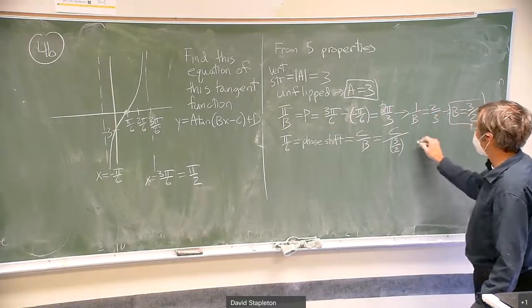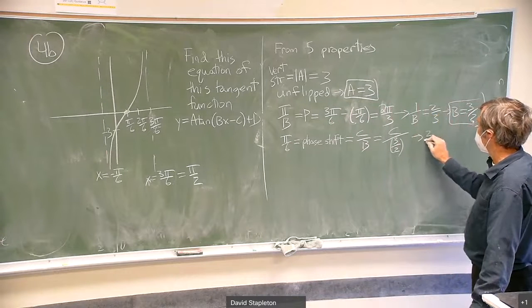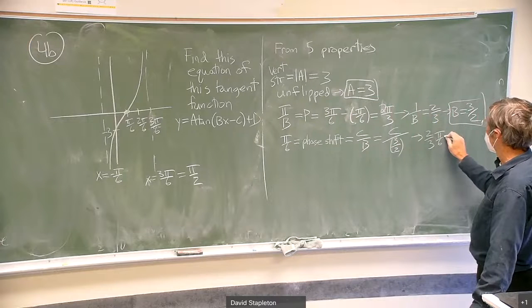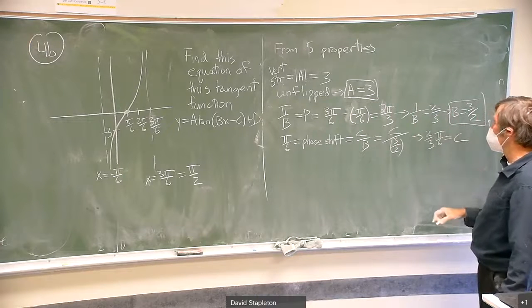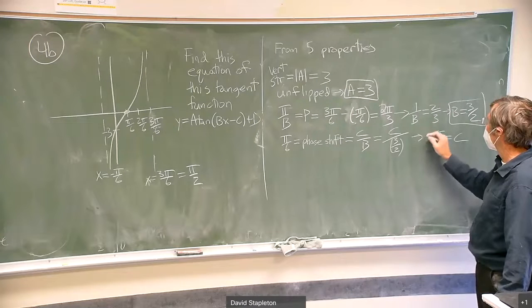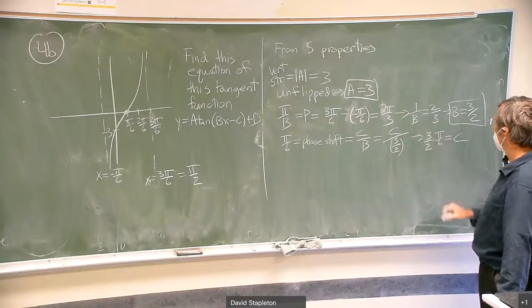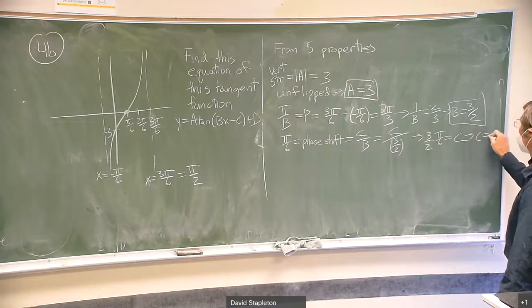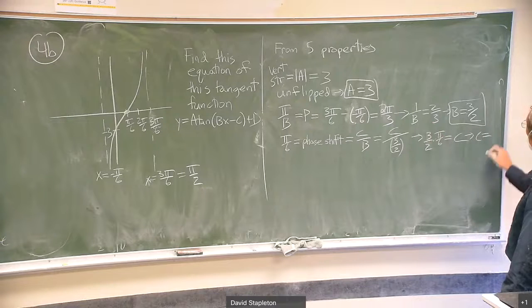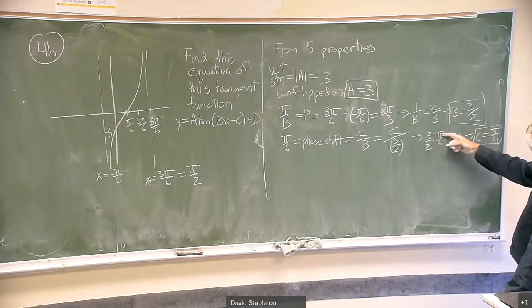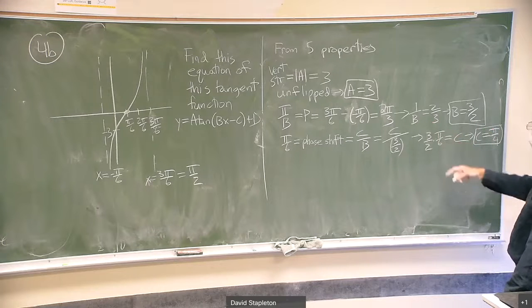Well, we multiply both sides by 3/2, sorry, cancel that. So let's see, c is pi over 4. The 3's cancel, you get 2 and 2.